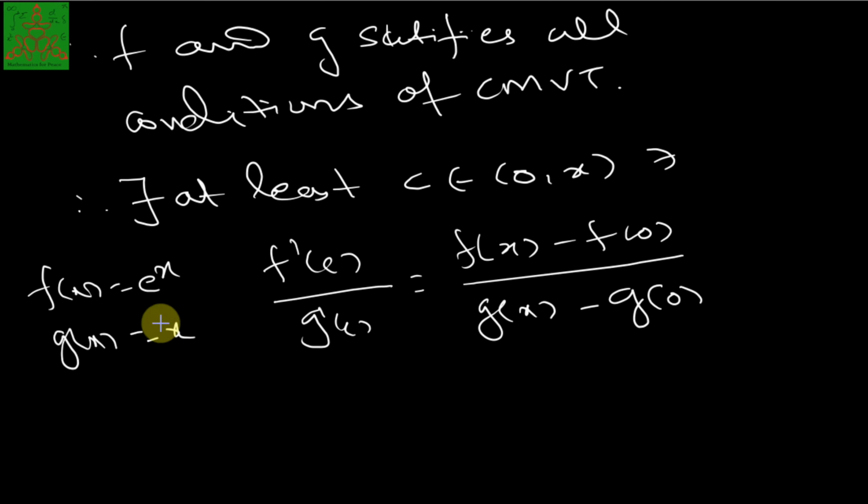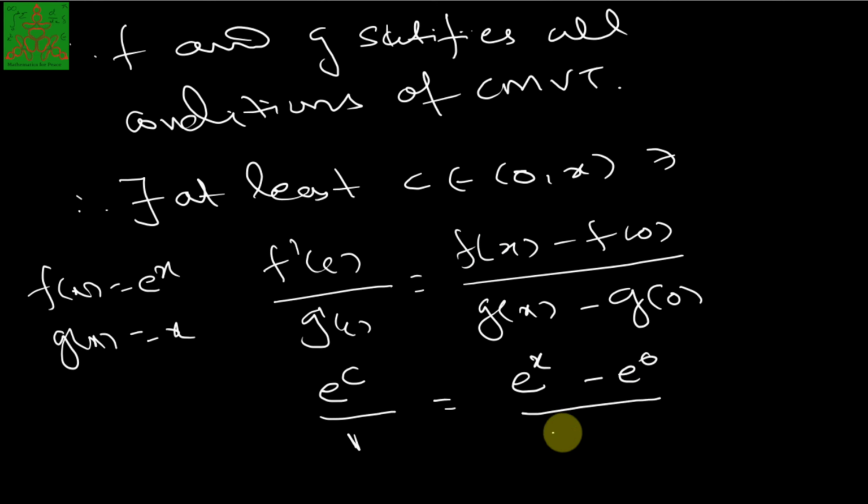So the derivative of f is e power c upon the derivative of g, which is 1. That is equal to e power x minus e power 0 upon x minus 0. Finally this simplifies to e power x minus 1 upon x, that is e power c.